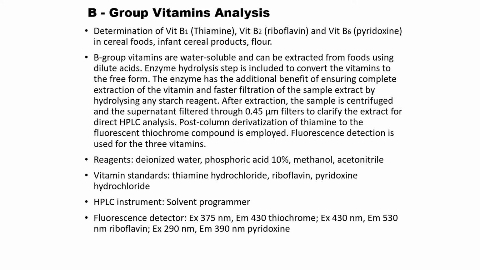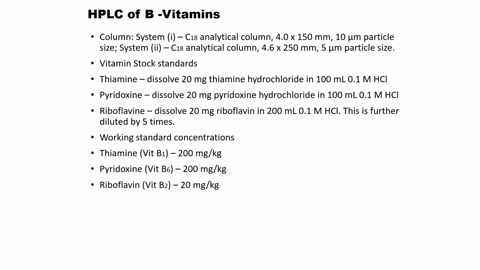The HPLC instrument has a solvent programmer and a fluorescent detector, used at different conditions. The column is a C18 column, and this is the procedure for the working standard concentration and the amount that they use.